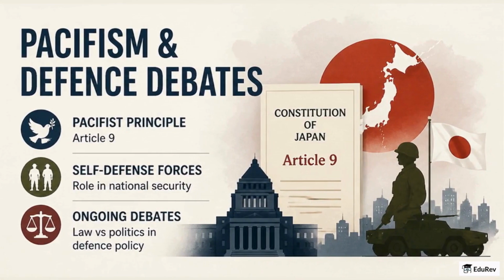The pacifist Article 9 and the role of self-defense forces create recurring debates about security policy, constitutional reinterpretation, and politics. So expect questions on legal versus political management of defense.